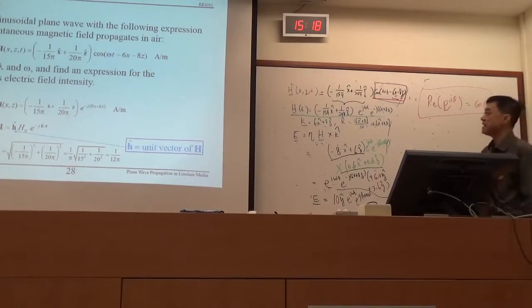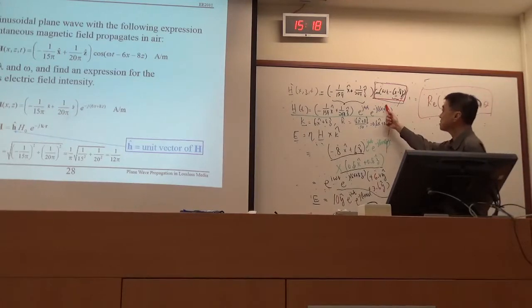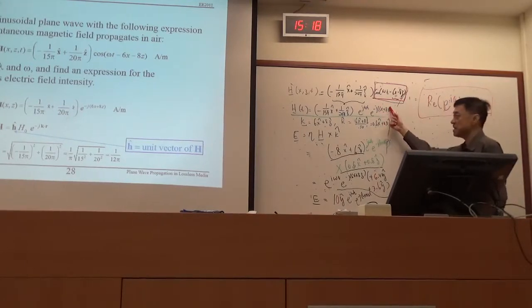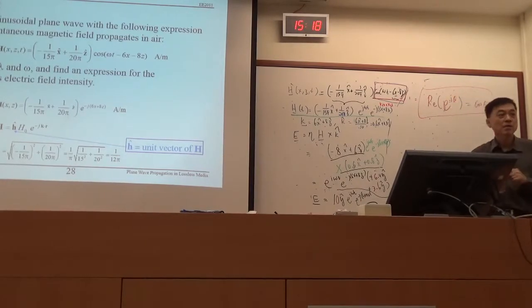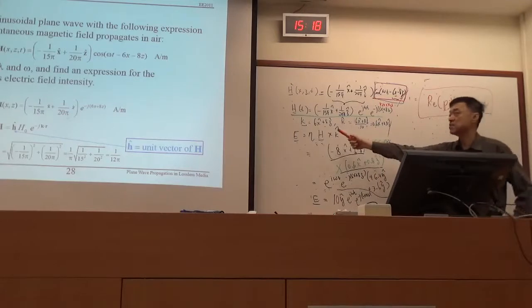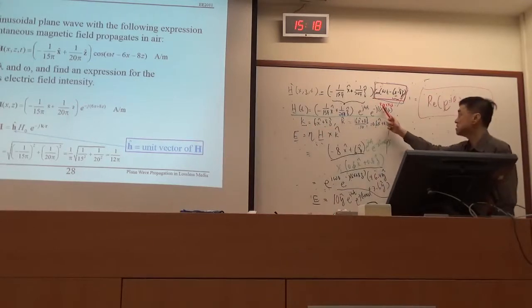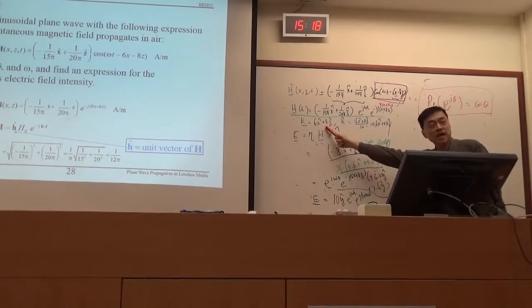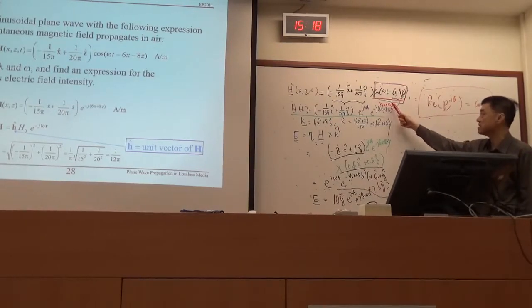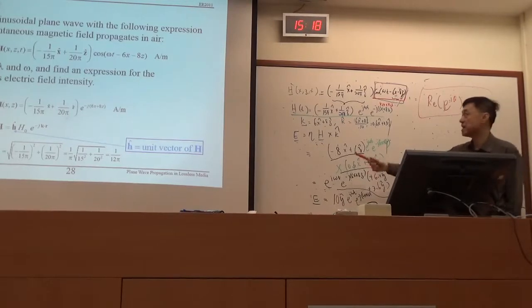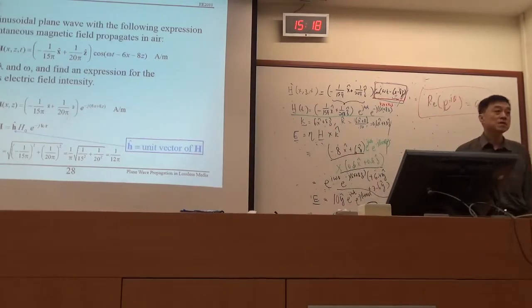To find K is very simple because the vector K is already given here. This is Kx x plus Kz z. So the vector K is just equal to 6 ax plus 8 az. There's no ay term because there's no y. What is the magnitude of the vector K?